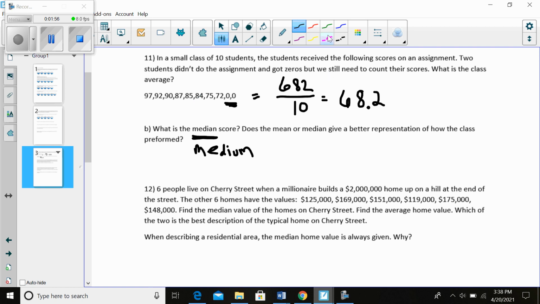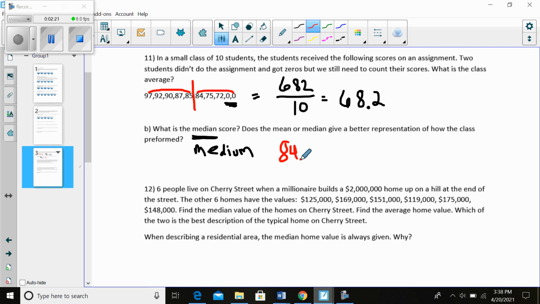Okay, so for median of test scores, what you would do to locate the one that's in the middle, since there's 10 scores, there's 5 this way and 5 this way, and I do have them in order. So the median is right here. The median is halfway between 84 and 85. So we would call it 84.5.